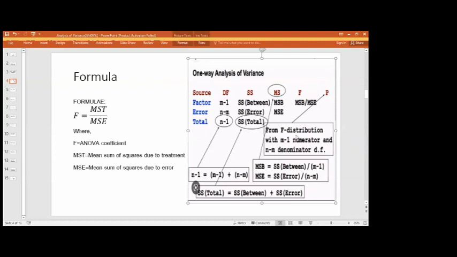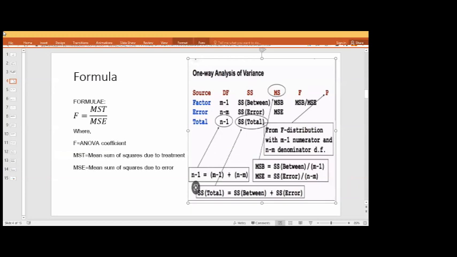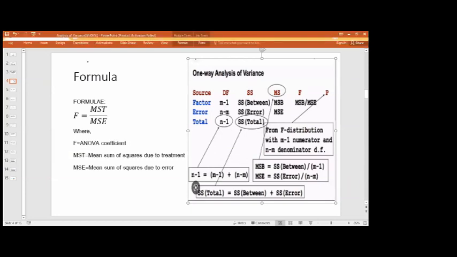So F comes from the F distribution with m minus 1 numerator and n minus m denominator degrees of freedom. So here we have two degrees of freedom, V1 and V2. V1 is the degree of freedom of the numerator, and V2 is the degree of freedom of the denominator, right?